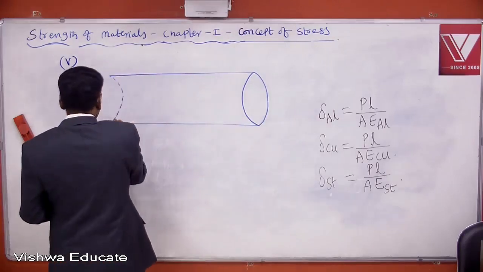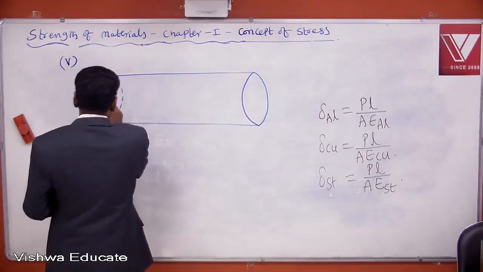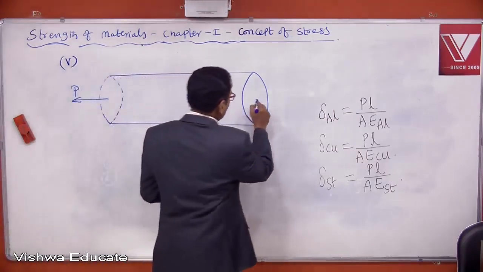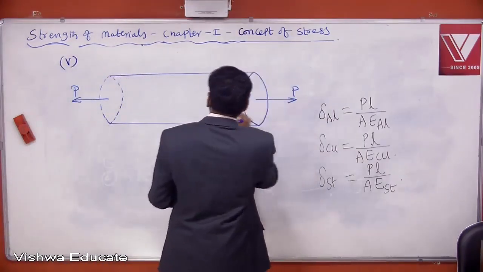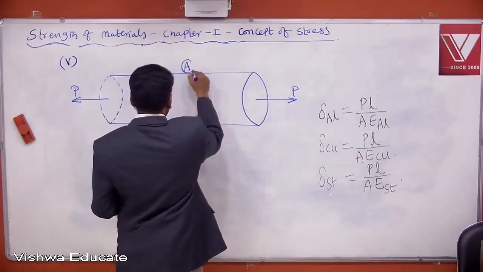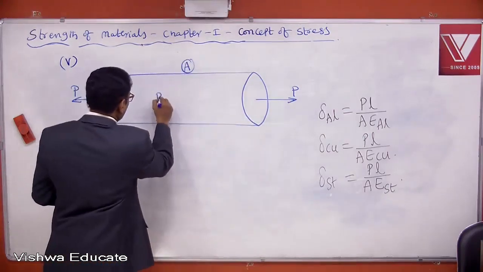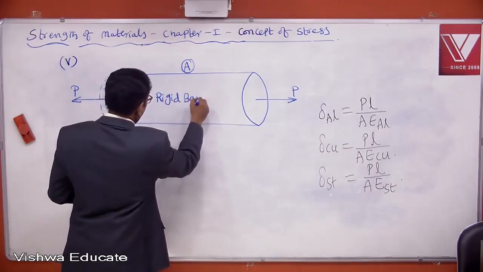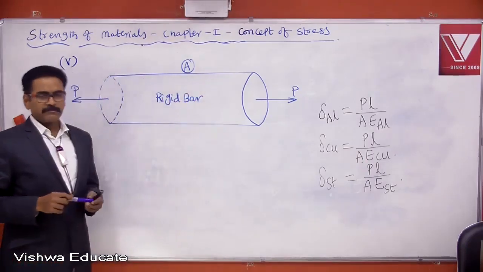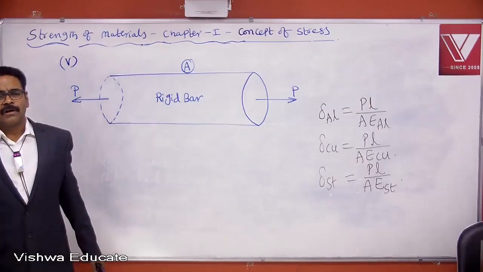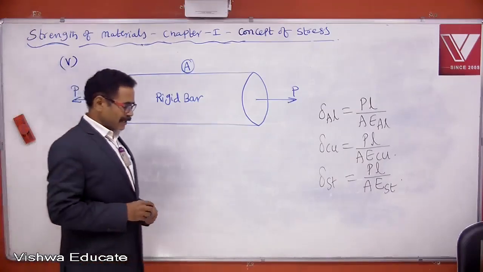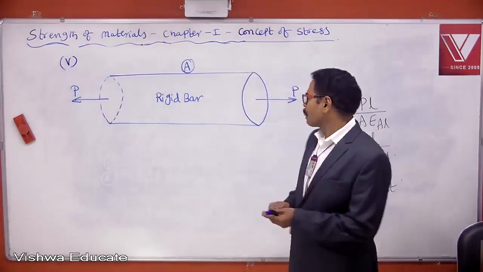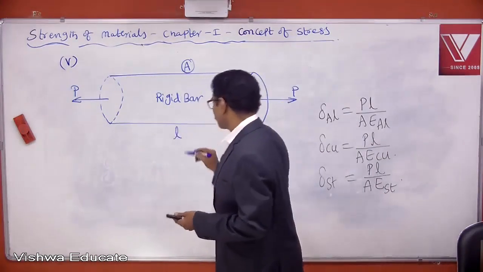A rigid cylindrical bar. It is carrying an axial tensile load of P and area of cross section is A. And what kind of bar is it? I am clearly saying it is a rigid bar. A rigid bar is carrying an axial tensile force of P. Length of the bar is L.